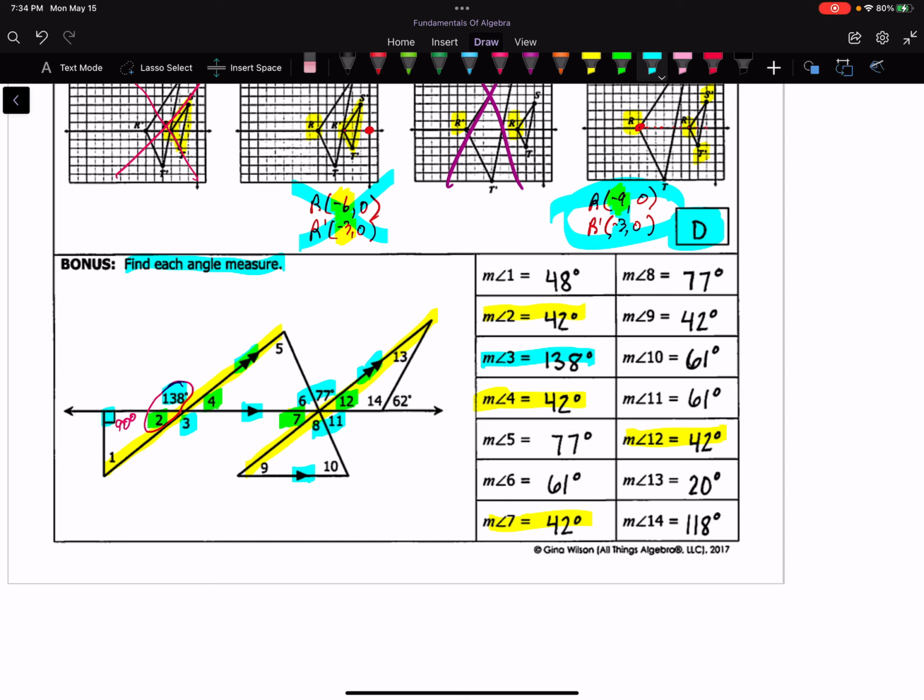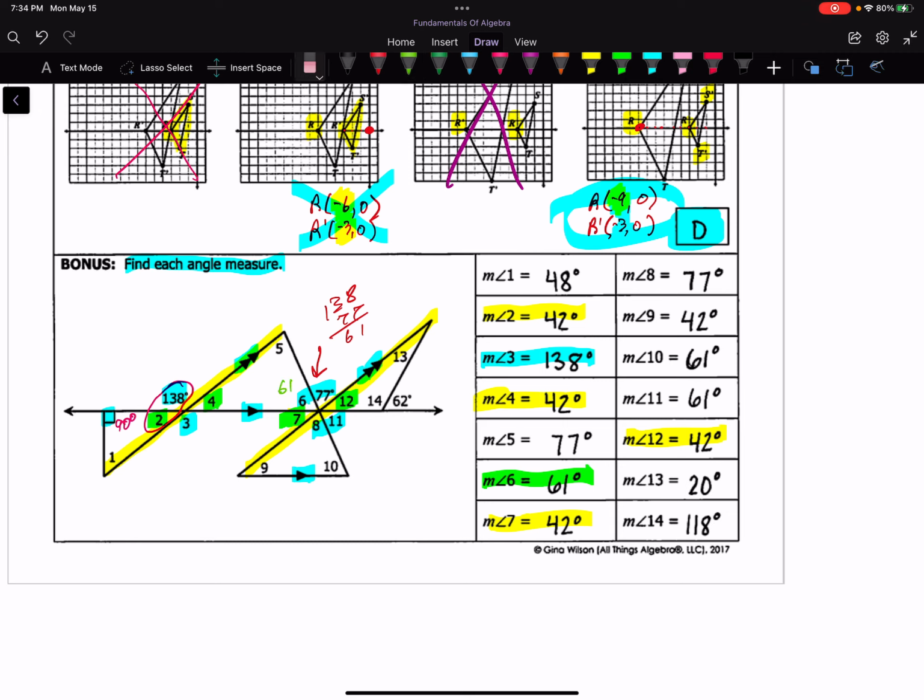And we know that this guy, go right here in red, has to be 138 minus 77. And so angle 6 is going to be 161. Is it 61? Yep, 61 degrees. So now we know that that guy is 61 degrees.